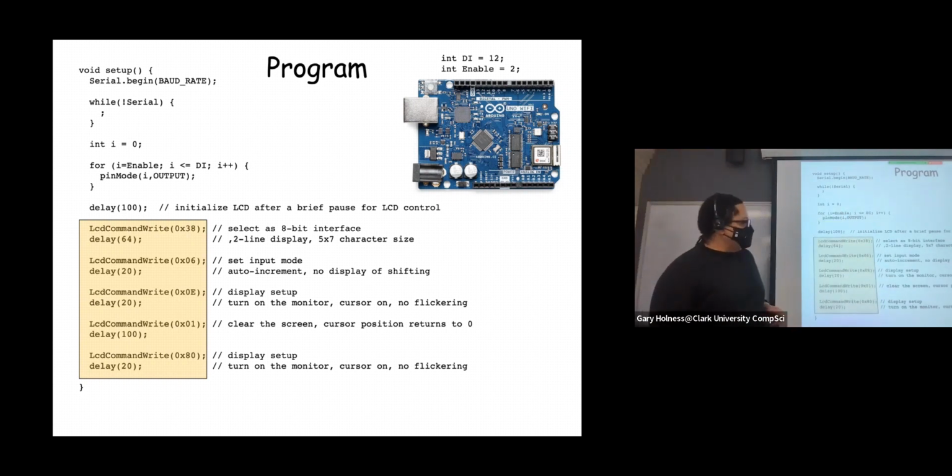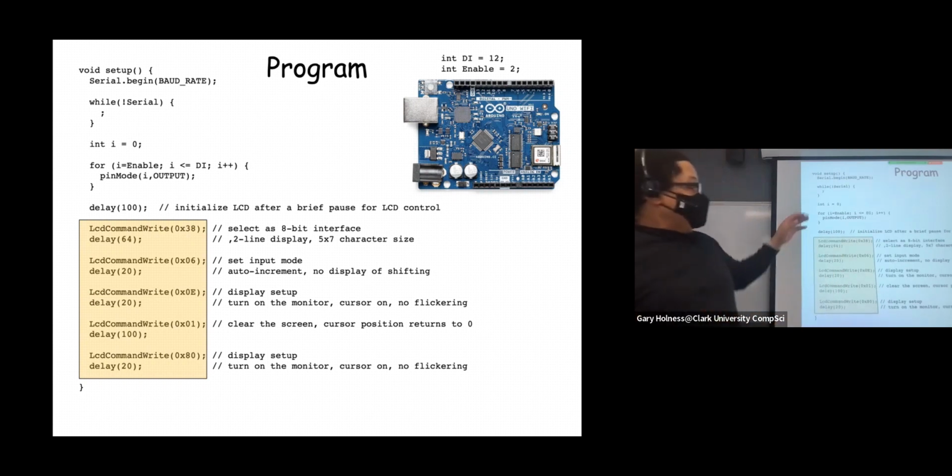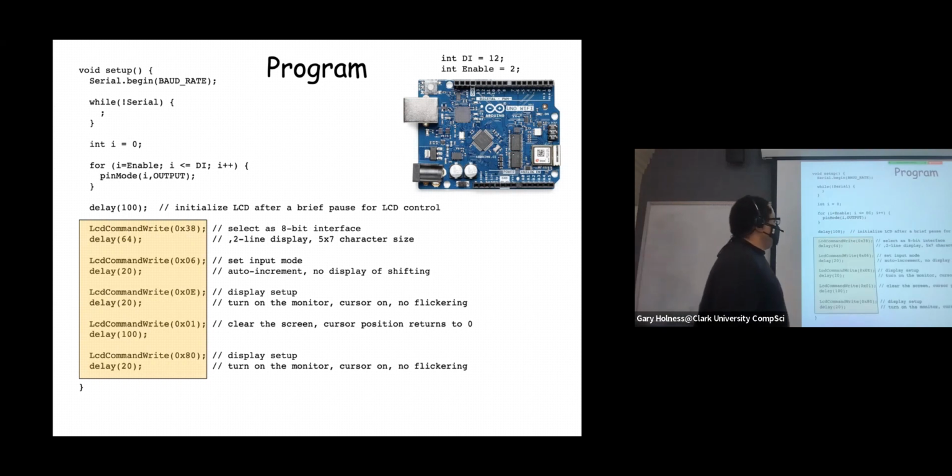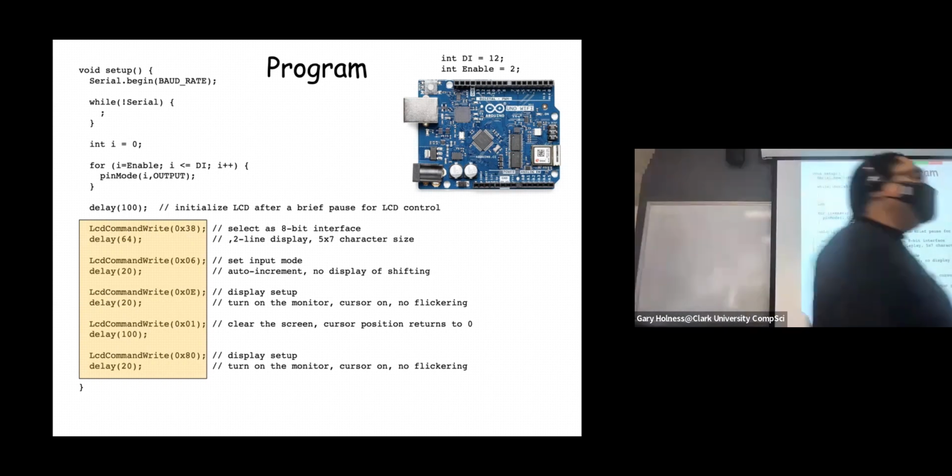Maybe that's just the standard they've chosen. So this, hex 38, says it instructs the board to select it as an 8-bit interface. For this LCD screen, you can do 4-bit or 8-bit, an 8-bit interface, and then make it a 2-line display, right?